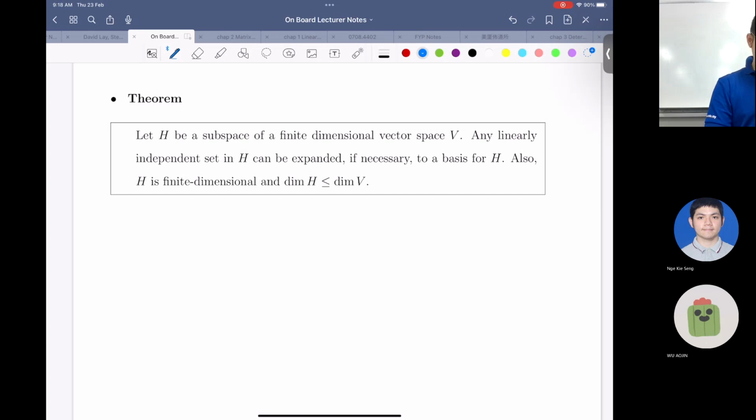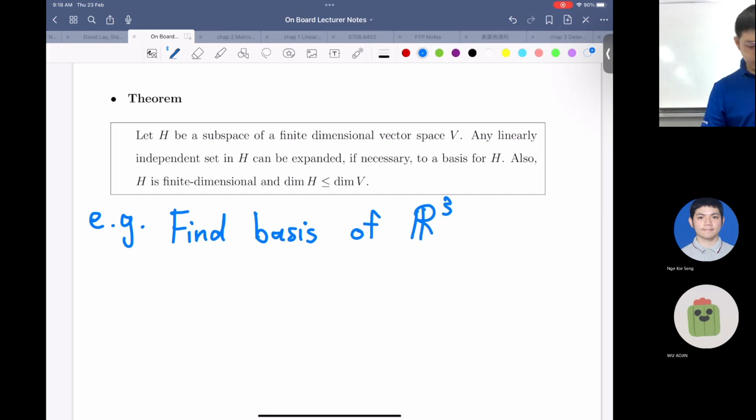Let me give you an example of why I say it's common sense. Let's say you want to find a basis of R3. Can you give your favorite R3 basis vector?